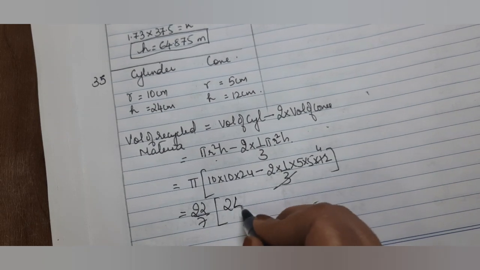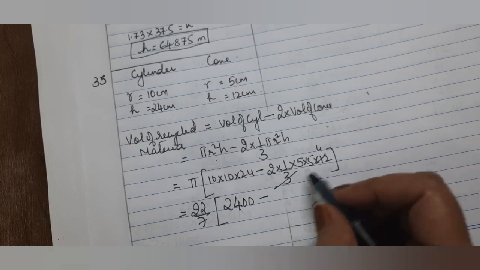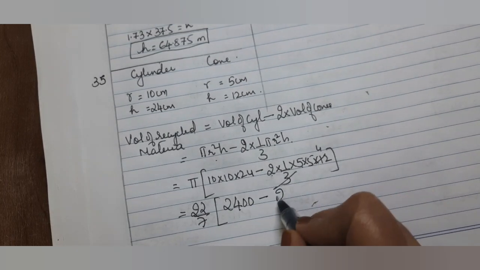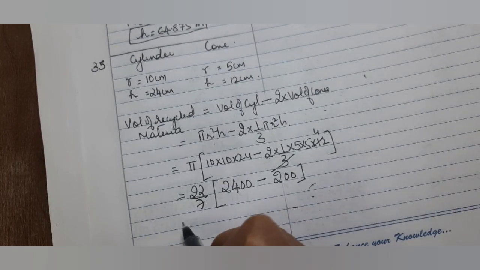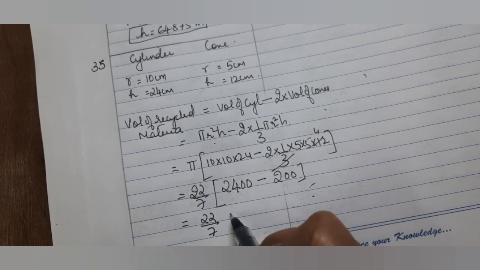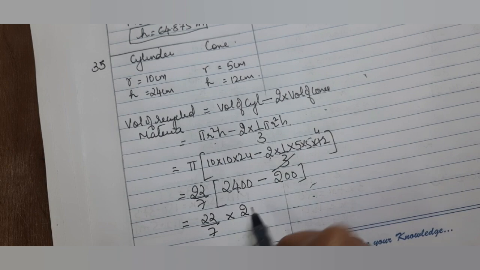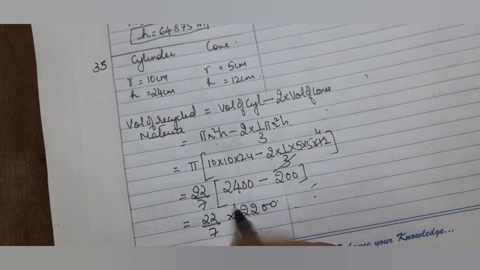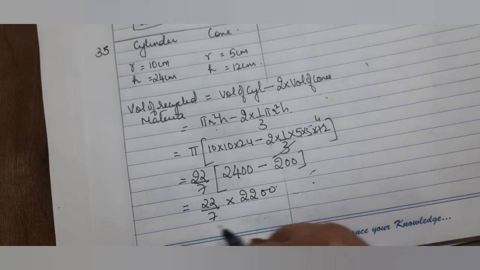So this we get 2400 minus 200, so final answer 22 by 7 into 2200.